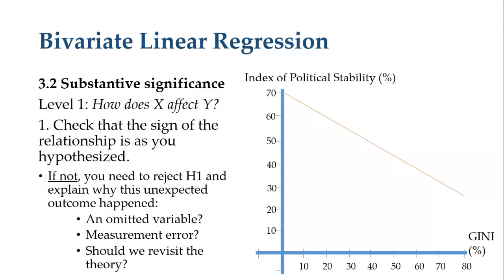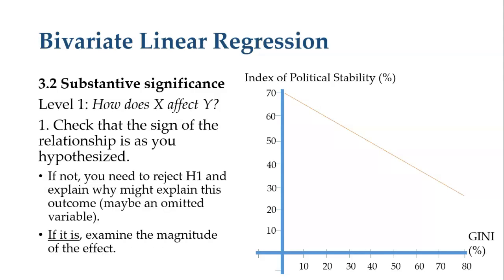Maybe this is a puzzle that we need to solve, and we need to propose a new theory to explain this puzzling kind of event. Okay, but that's the worst case. That's what you don't want to see in your results. So the first thing is to check the sign of the effect.